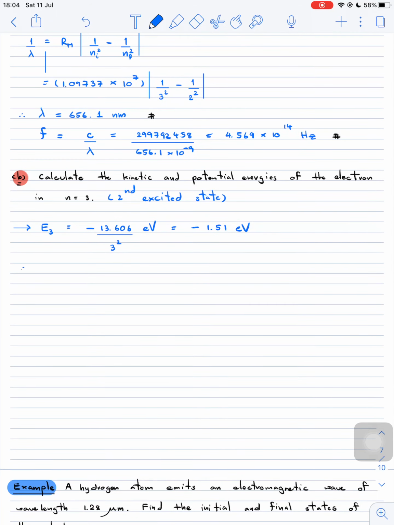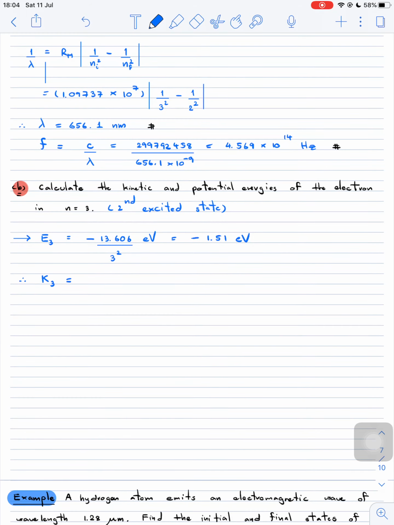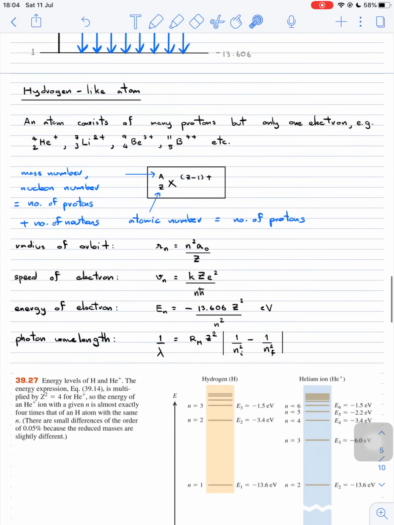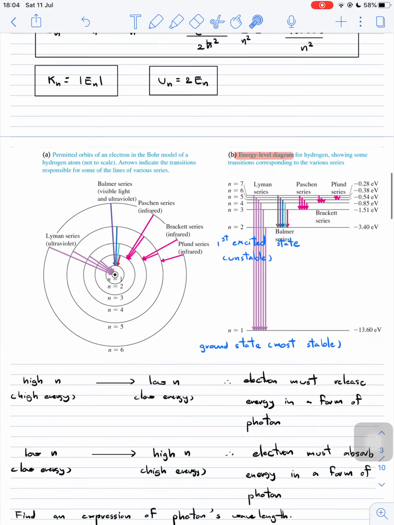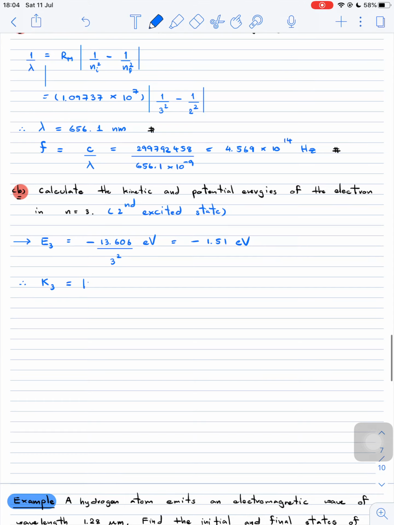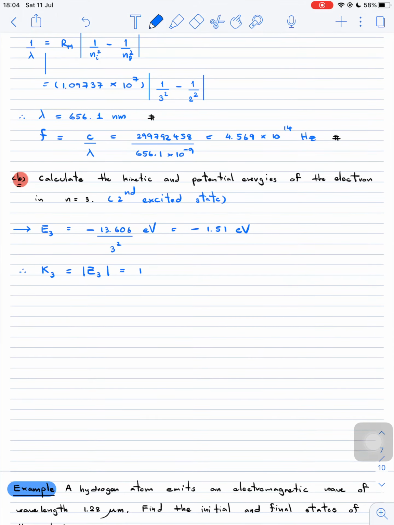So here we can get that K3, the kinetic energy of the electron, is equal to the absolute value of En. So it's just equal to the absolute value of E3, which is equal to 1.51 electron volts.